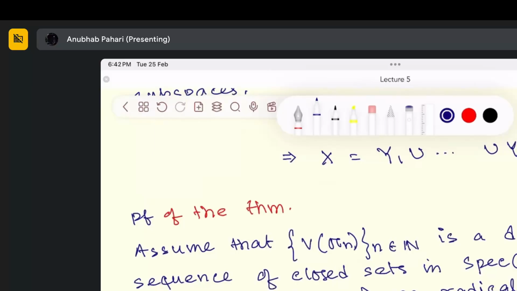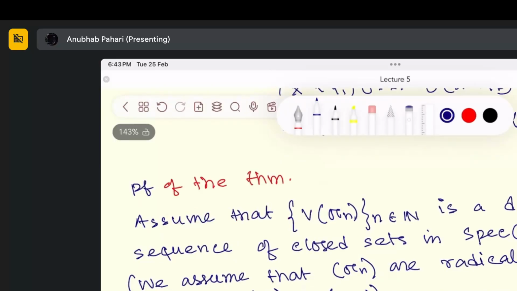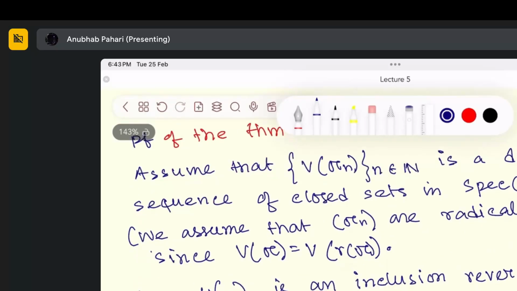this chain yields an increasing chain of ideals a_n, which must stabilize because A is a Noetherian ring. Stabilize by the Noetherian condition.